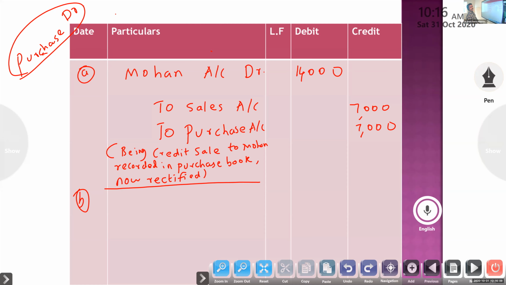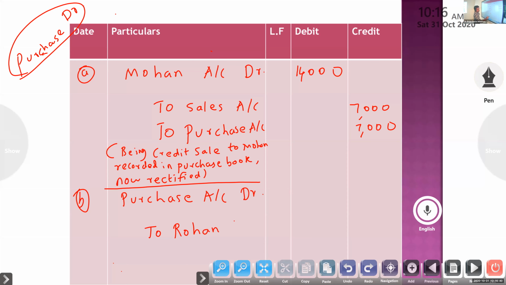Journal entry, correct entry: purchase of goods from Rohan. Purchase account debtor to Rohan account.